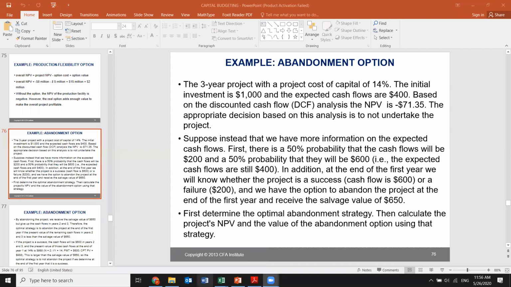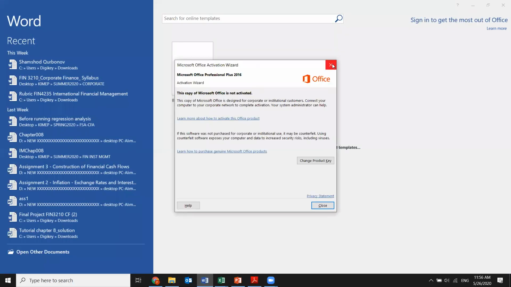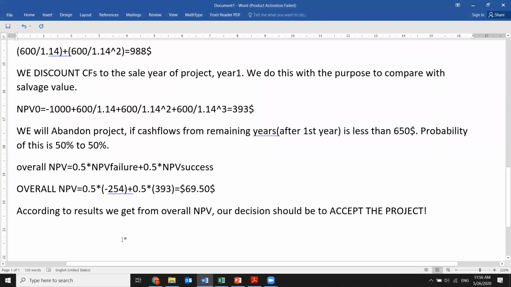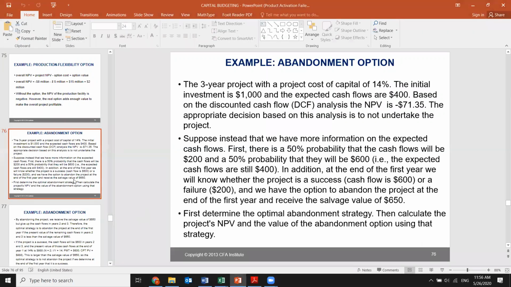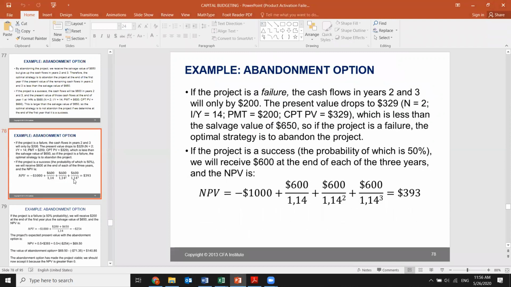I'll just copy this, just with the purpose to save it. Okay, here you go. Now, okay, this is what we get.